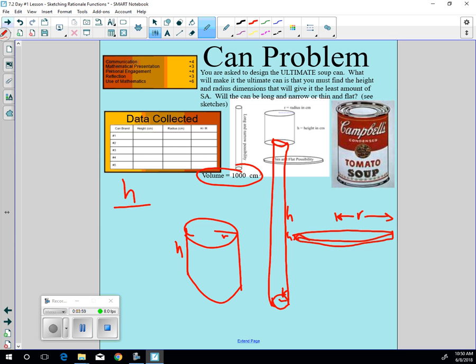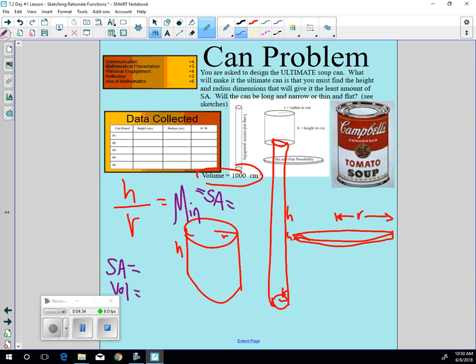What ratio of h to r gives the minimum surface area? You can employ a number of different ways. You might consider building a formula for surface area and a formula for volume, and see if you can figure out how to relate those.